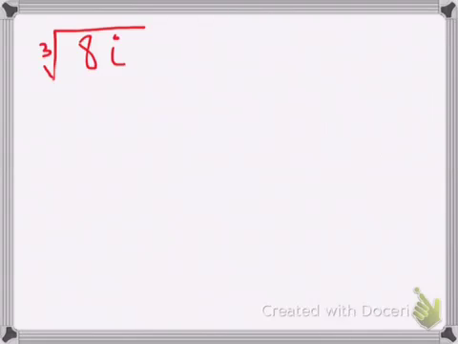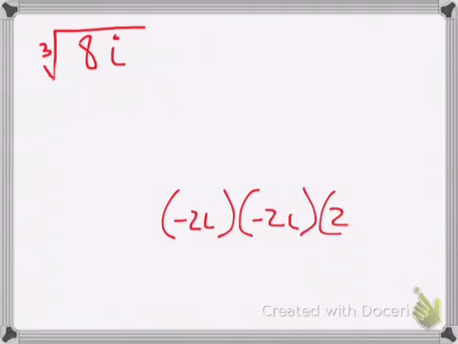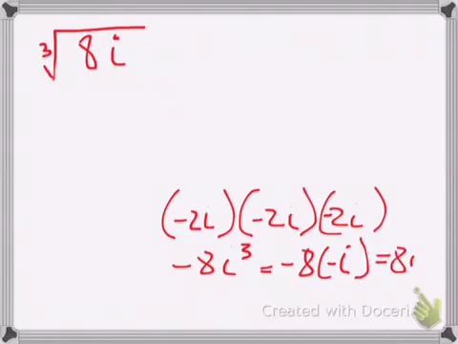Negative 2i, we're guessing at this, but negative 2i times negative 2i times negative 2i might work, actually. But that would give us negative 8i cubed, and i cubed is negative i, so that would be 8i.